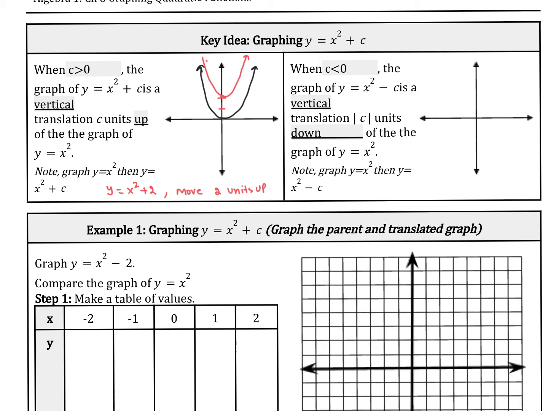Similarly, if c is less than 0, the graph of y equals x squared minus c is a vertical translation c units down. For example, for y equals x squared minus 3, the original graph starts from 0, 0, but the graph with negative 3 will start from negative 3.